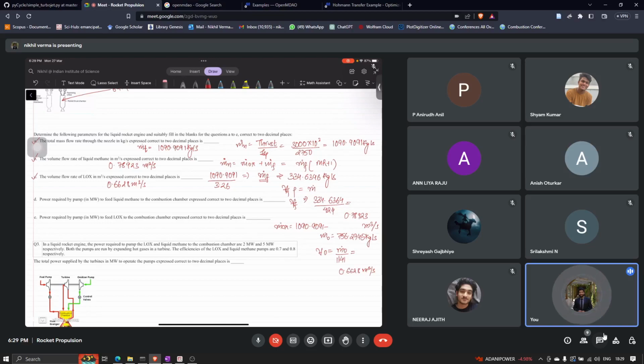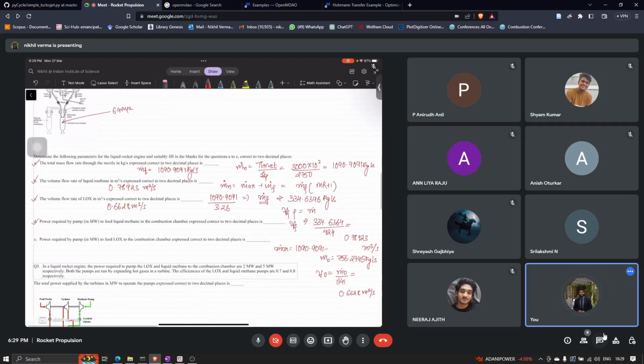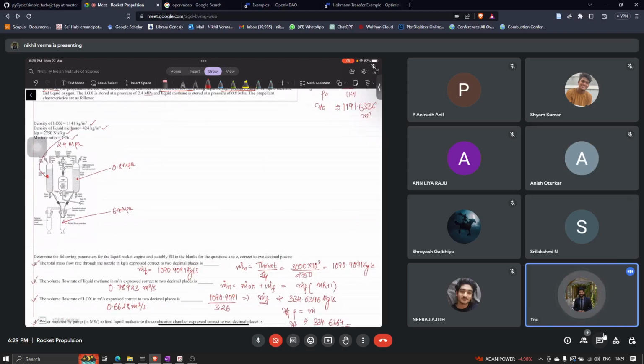Okay, so now they have asked what is the power required by the pump to feed the liquid methane. So we have a chamber pressure of 6.4 megapascals. In the methane tank, the pressure is 0.8 megapascals. So can you calculate the power required by the pump for kerosene?